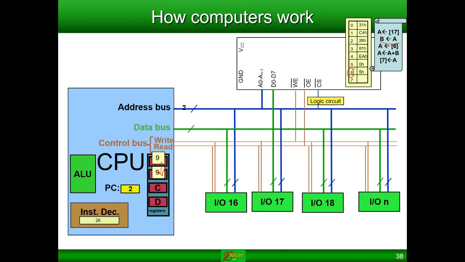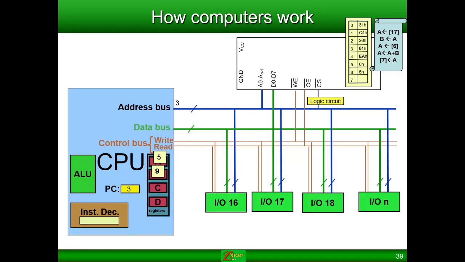And here we can see that the 26 means that our CPU is going to give the address 6. On address 6 we have 5. So what it's going to do is it's going to move the 5 from the data bus, and it is going to store it at A right here.